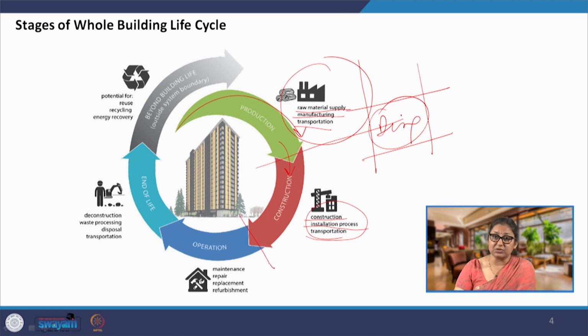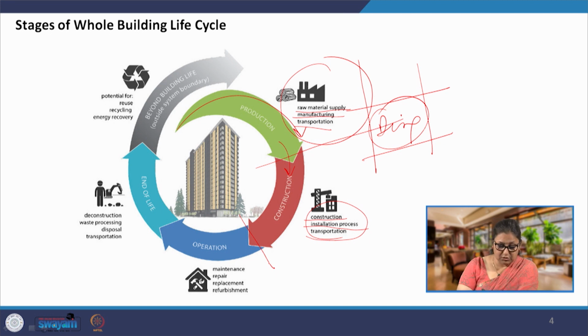Once it has been constructed, it is handed over to the user to operate. So, we have operations. Largely the scope 2 emissions coming from the building life cycle are coming through the operations, the use of the building. So, most of the electricity is going to be consumed during the operations and which is going to give us the scope 2 emissions.